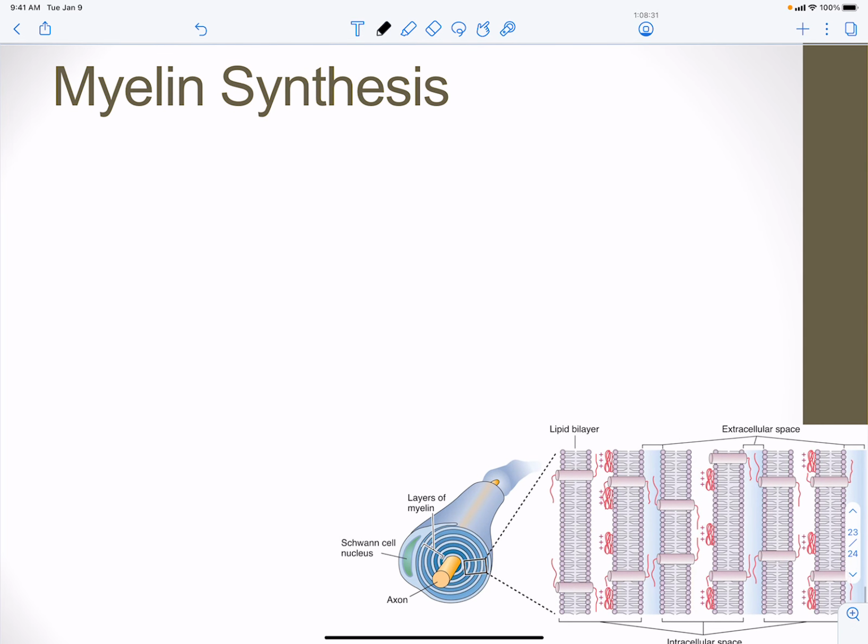Now, one of the last things we're going to talk about is myelin synthesis. So myelin you can think of as a multi-layered lipid and protein structure. And this is going to be formed in the plasma membrane of glial cells.